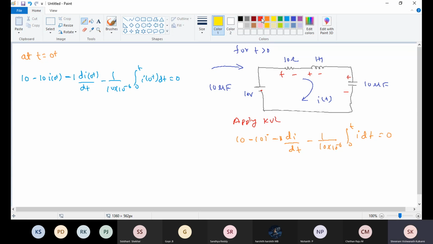So that term gets cancelled, and the integral term is also 0. We are left with 10 minus di(0+)/dt equals 0. Now I get di(0+)/dt equals minus, this is minus that side.